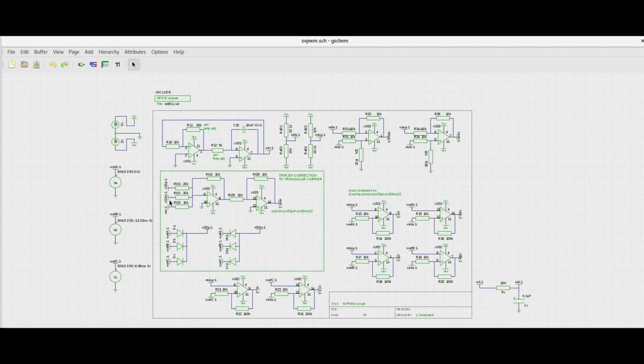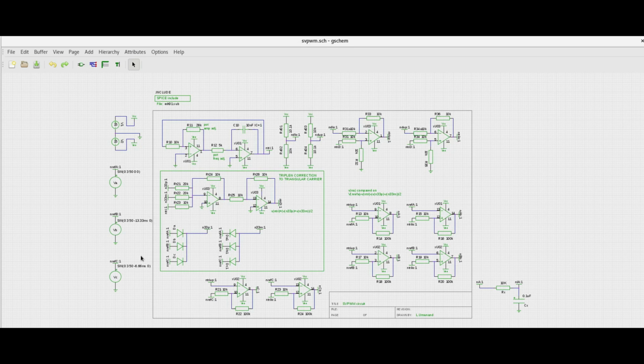So coming back to our schematic, this portion of the circuit is how to add that third harmonic component. Here the carrier is this triangle generator, and the modulating signals VA star, VB star, VC star are coming from here.